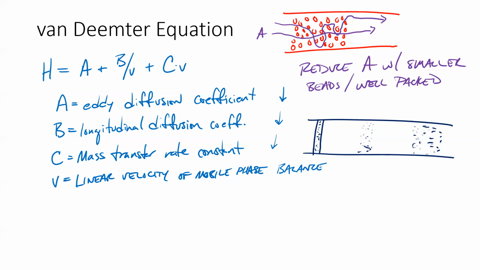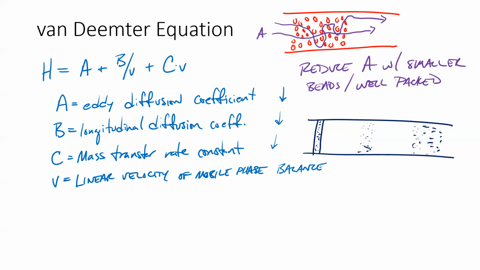The higher the velocity, the better they stay together, the less opportunity they have to diffuse out. If you keep them moving, they stay in that group and the B term is going to be small. But if you slow the velocity down, they have more opportunity to wander apart, and they're going to make for a broader peak.